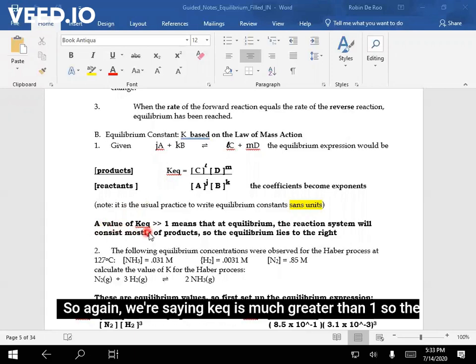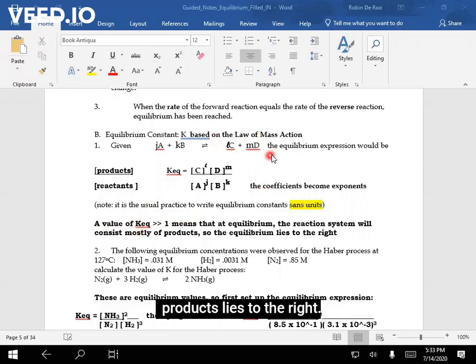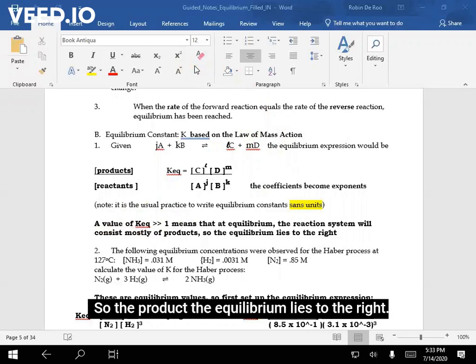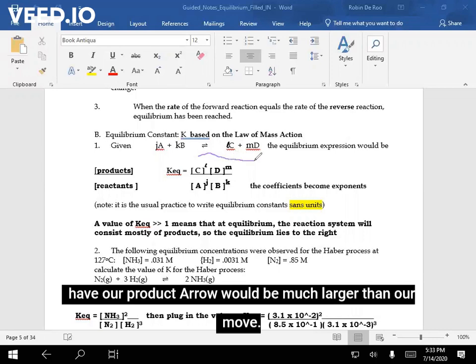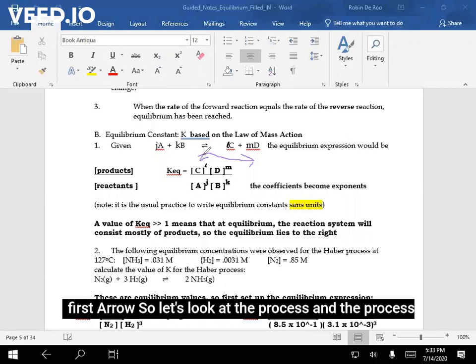So again, Keq is much greater than 1, so the products lie to the right, and the equilibrium lies to the right. In this case, our product arrow would be much larger than our reverse arrow.